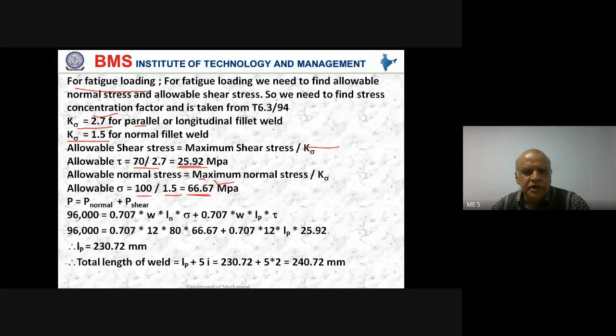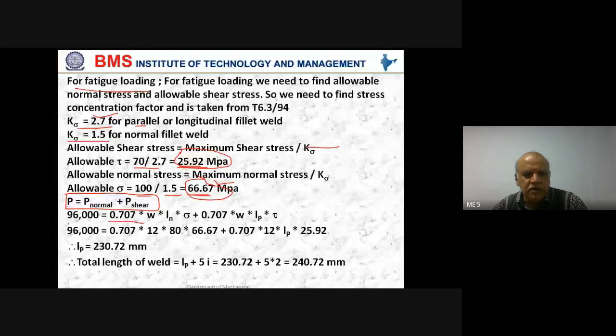So we need to find out the length of parallel fillet weld with reference to the new allowable shear and normal stresses. Substitute in the same equation that we have taken, that is total load is equal to load shared by normal fillet weld plus load shared by parallel fillet weld, that is P is equal to P normal plus P shear.